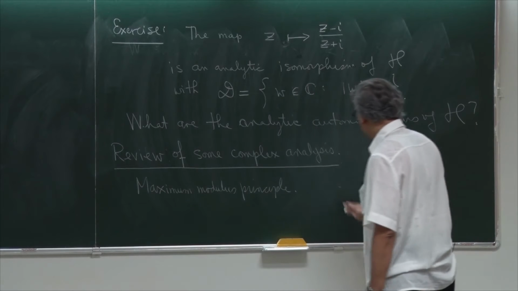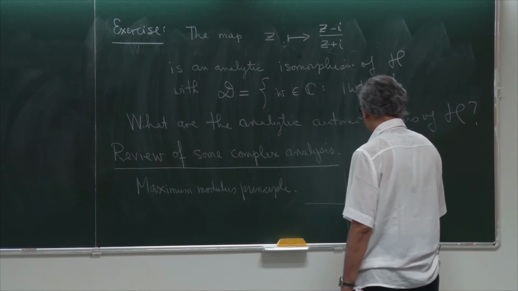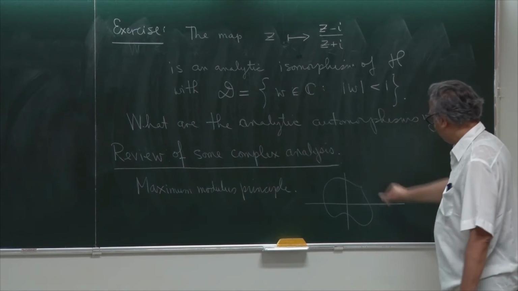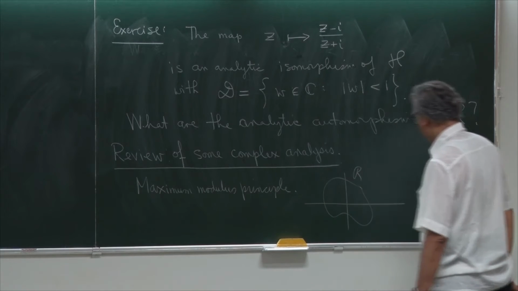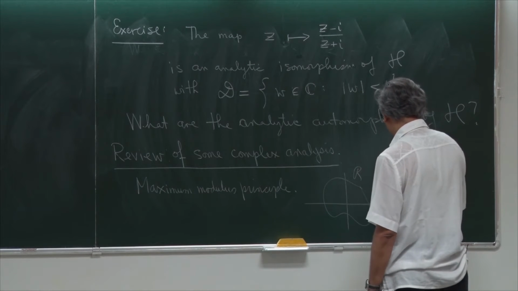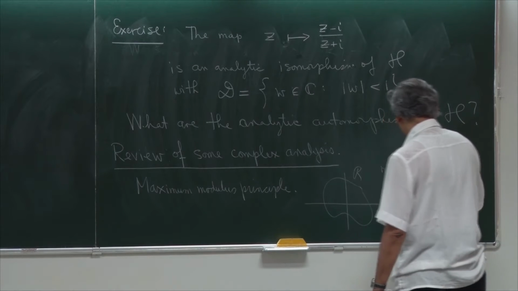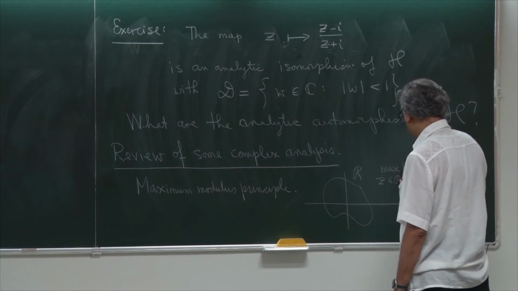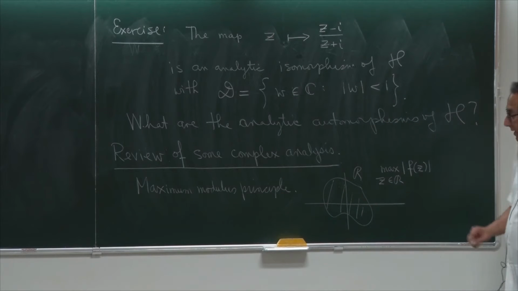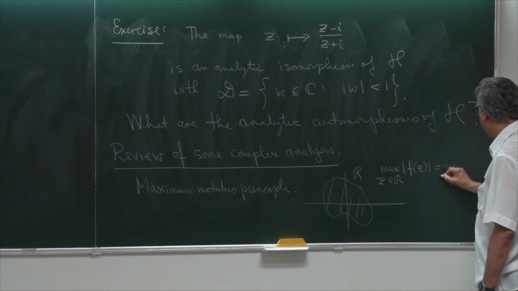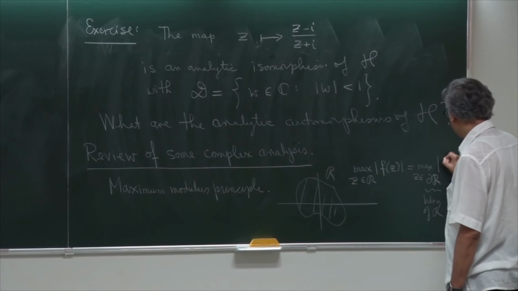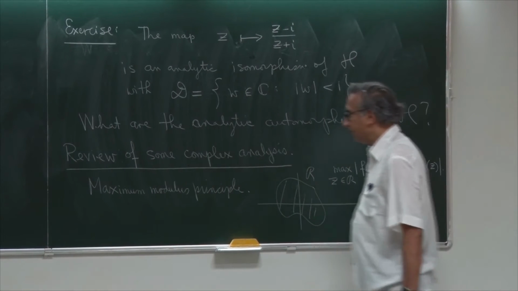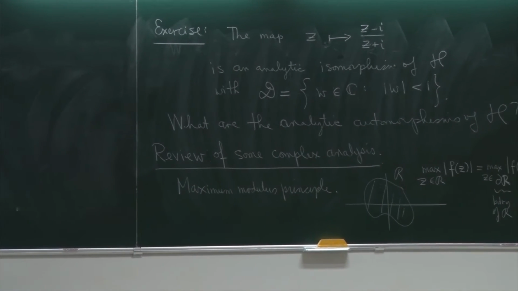And this principle basically says that if you have a function in the complex plane defined on some closed region R, and I'm looking for the maximum of this function as z ranges over all the elements of this region, then the maximum is actually attained on the boundary of R. A remarkable theorem in complex analysis. So I'm hoping that that's just review, that you've seen this before.